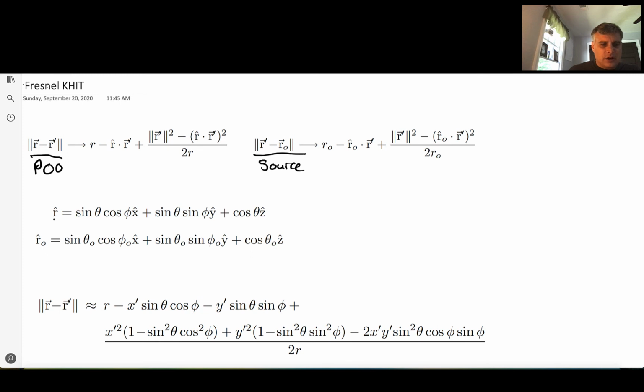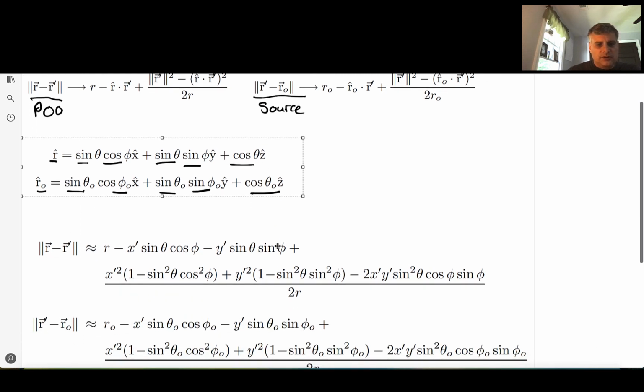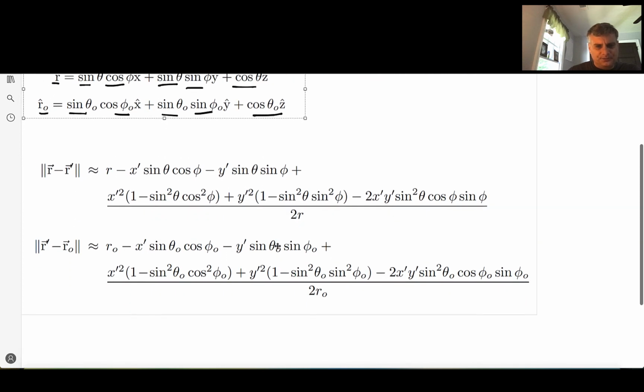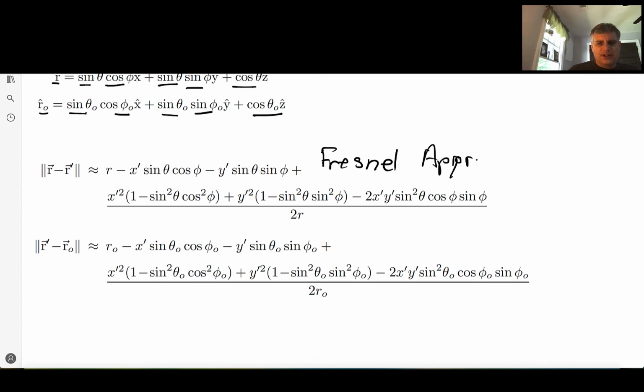And keeping in mind that r hat is the direction from the origin to the point of observation, I can write it out in spherical coordinates and unit vectors x, y, z. And I have the exact same formula for my source. So if I use those formulas, I get this expression. I can plug it in. And here is the full-on Fresnel approximation with all of our approximating terms for both distances.